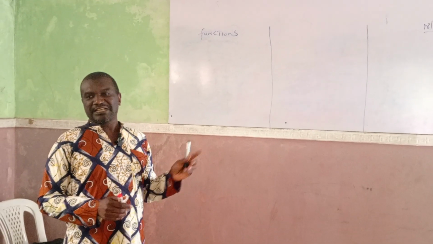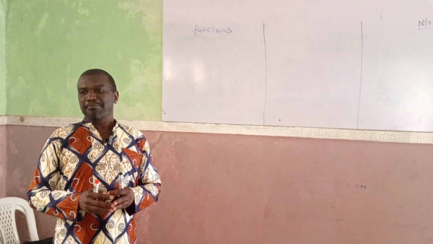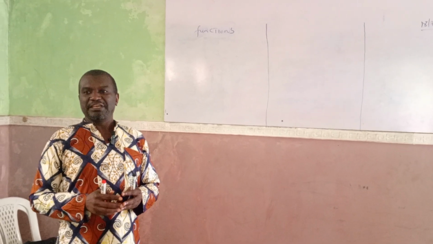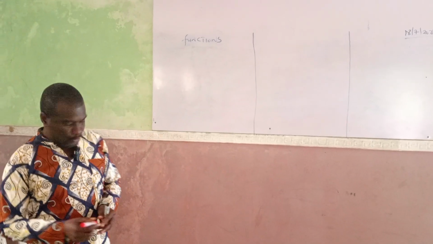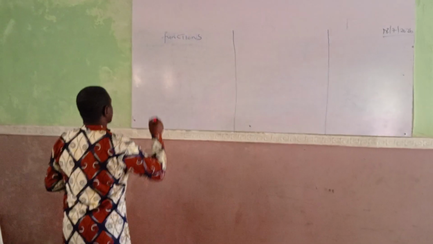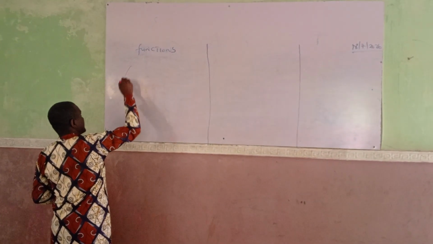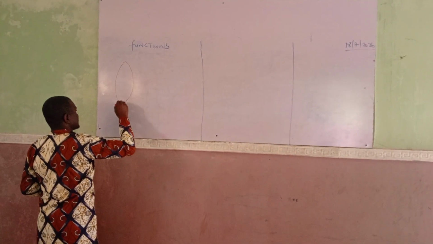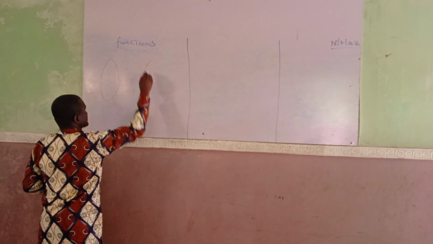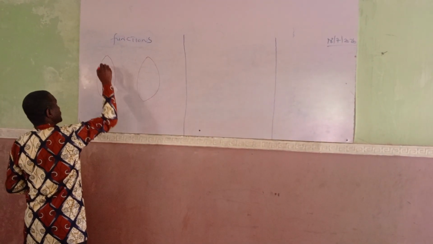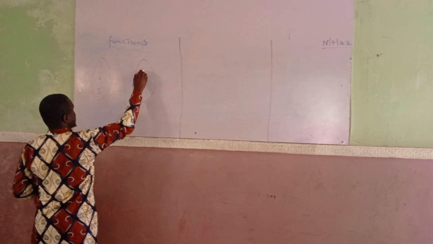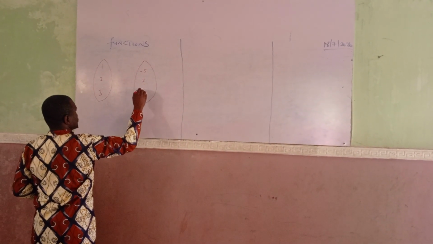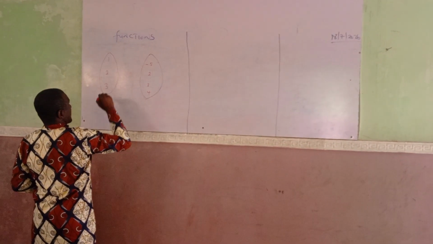The function we want to be looking at is more like a mapping or a relation between what we call a domain and a codomain. Let me give an instance. If I have a box like this, let's say this is 1, 2, 3, and let's say this is minus 5, 2, 3, 4.